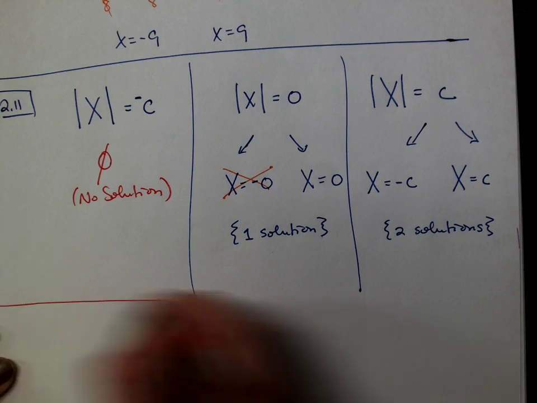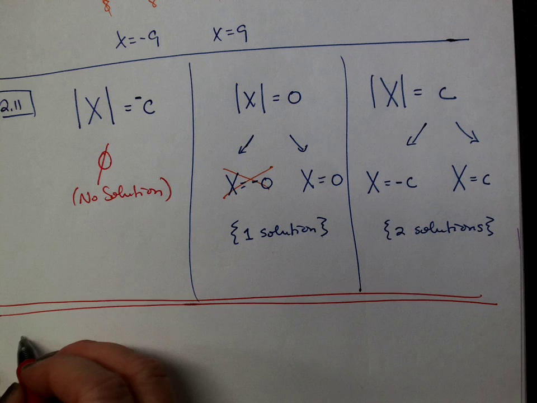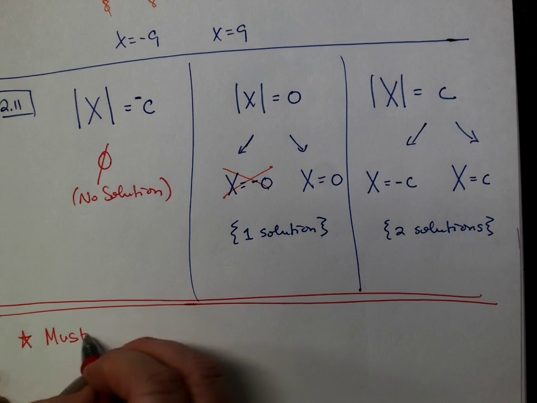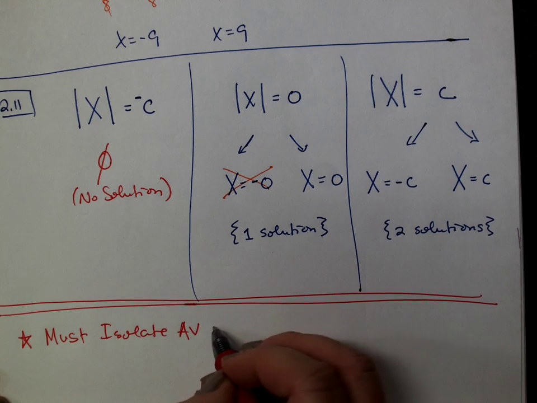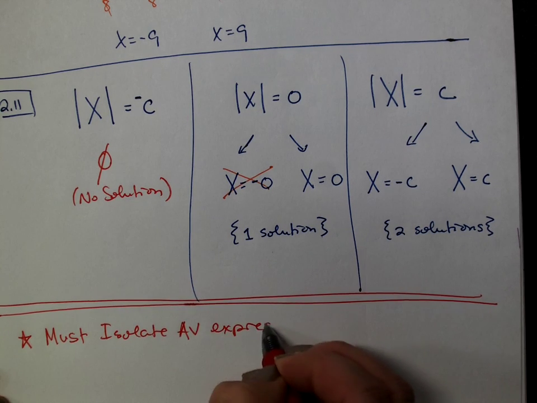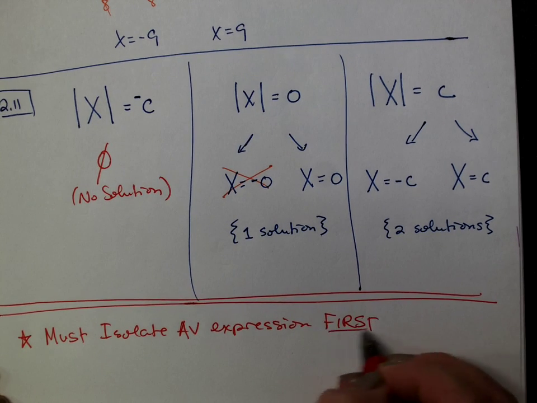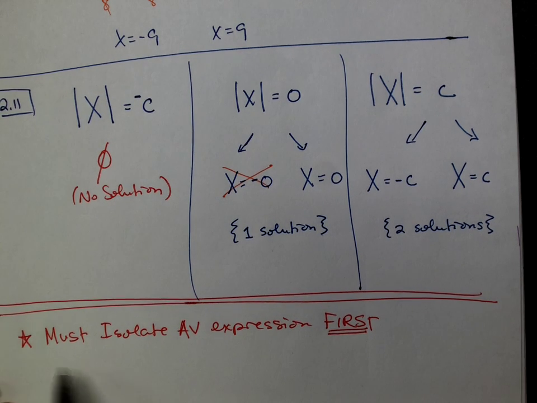Now, the key is, and this is the question I always get the most when somebody's struggling with a problem, I get the Ask My Instructor question, it's very common, very important. You cannot get the right answer unless you have isolated it first. You must isolate the AV expression first. It must be all alone on the left or the right. It doesn't matter which side it's on, but our eyes like to see it on the left.